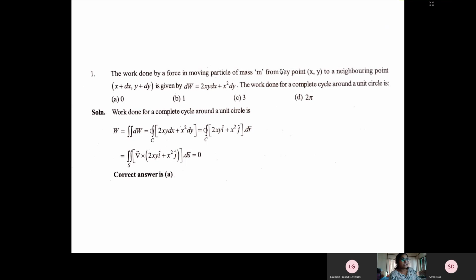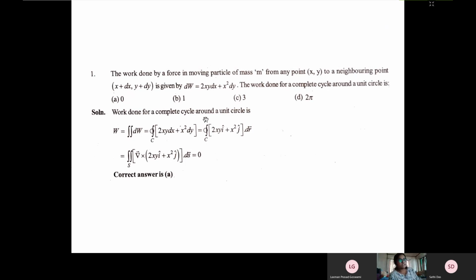Suppose I am taking another question. The work done by a force in moving a particle M from any point (x, y) to a neighboring point (x plus dx, y plus dy) is given by dw equals 2xy dx plus x square dy. The work done for a complete cycle around the unit circle is how much?